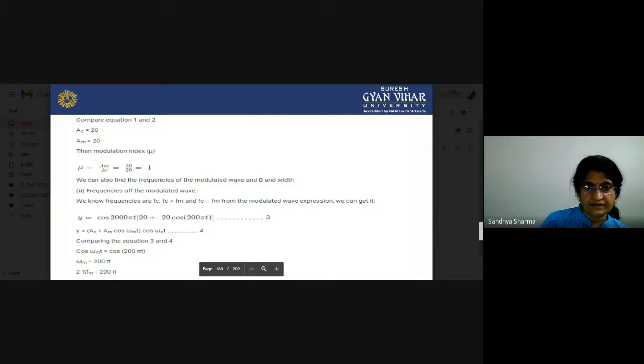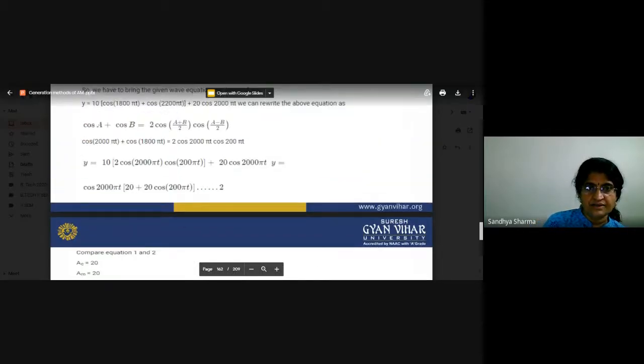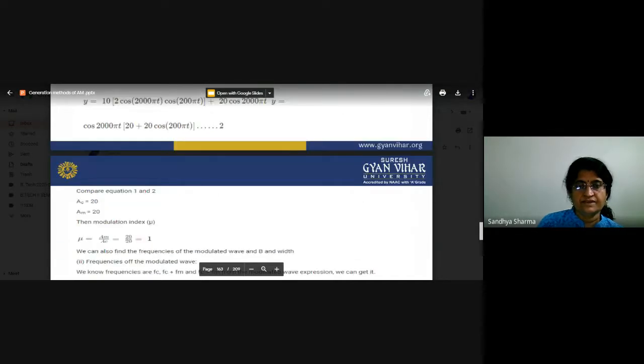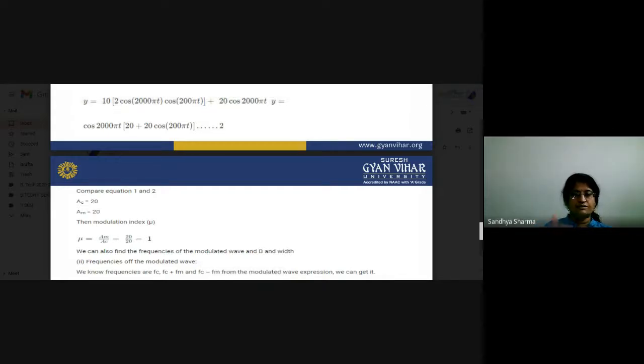By comparing the equations, Ac is equal to 20 and Am is also equal to 20. Using these two values, we can calculate Am by Ac. The modulation index mu is equal to Am by Ac, the ratio of the message signal amplitude to the carrier amplitude, and that is equal to 1.